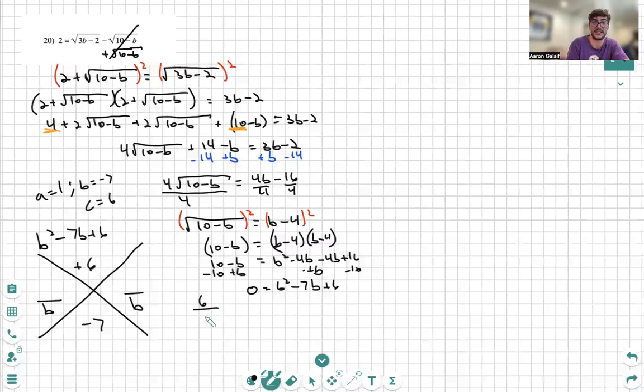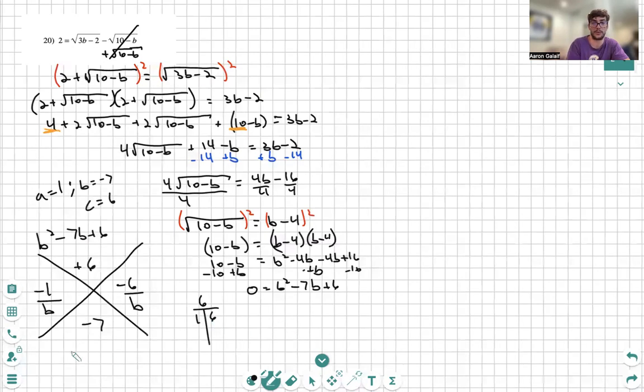The first factors are 6 and 1, and those add to 7, but it's a negative 7, so make sure we have negative numbers for both of those. Negative 1 times negative 6 is positive 6. Negative 1 minus 6 is negative 7.